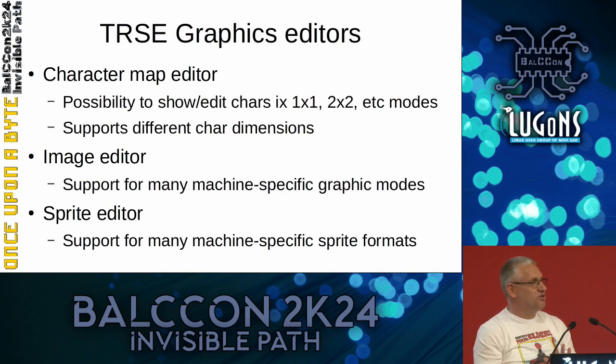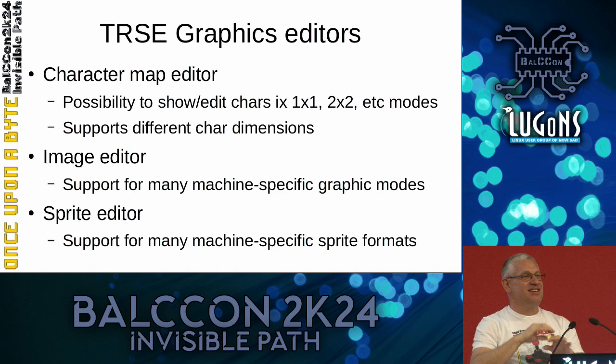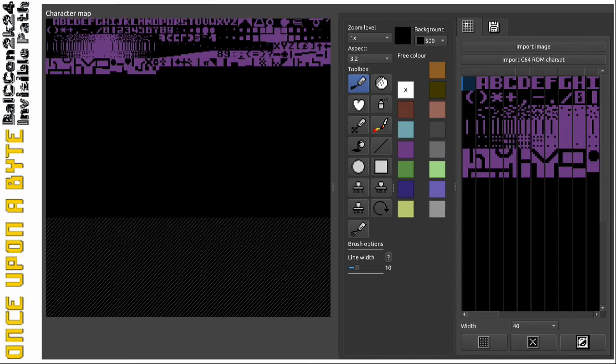For those of you who do not know what sprites are, those are small moving objects that appear in two-dimensional games, for example, spaceships that run around, bullets, and so on. And you have ways of defining graphics for those too. This is an example of a character editor for 8x8 characters.